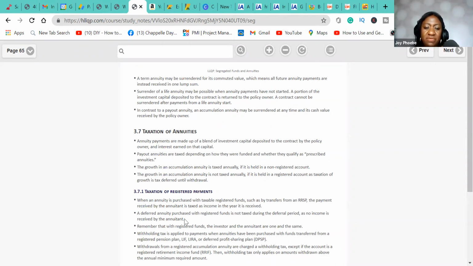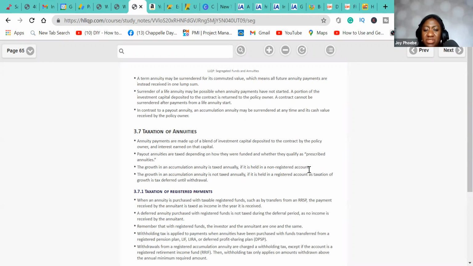Taxation of annuity. Annuity payments are made up of a blend of investment capital deposited to the contract by the policy owner and interest earned on that capital. Payout annuities are taxed depending on how they were funded and whether they qualify as prescribed annuities. The growth in an accumulation annuity is taxed annually if it is held in a non-registered account.